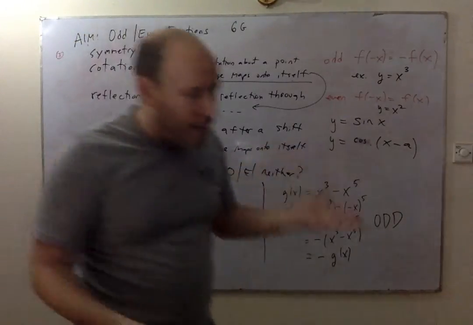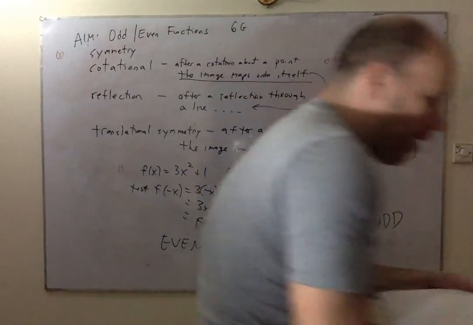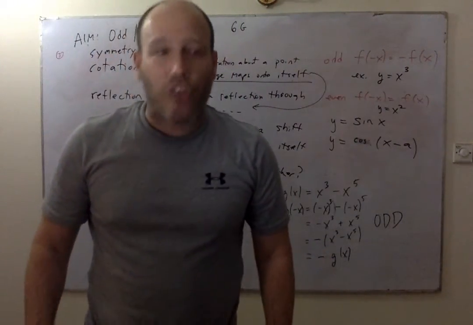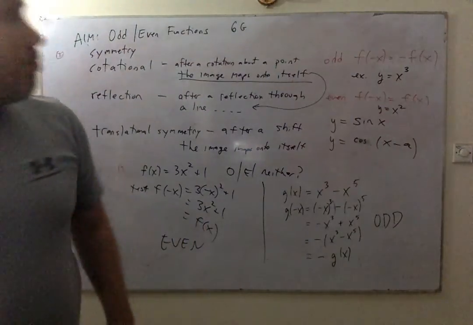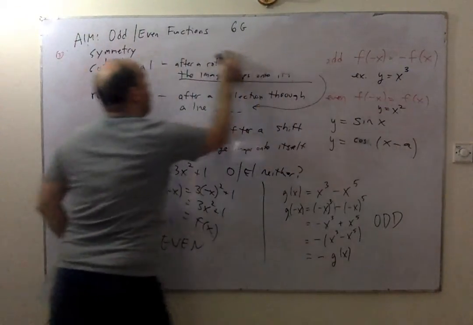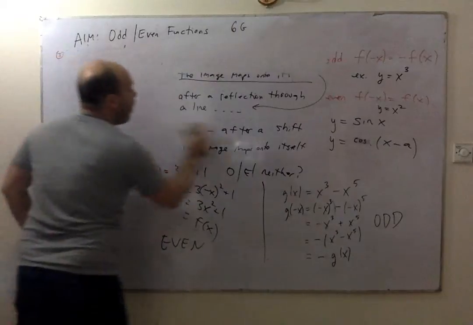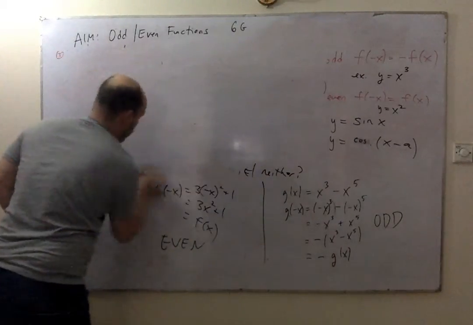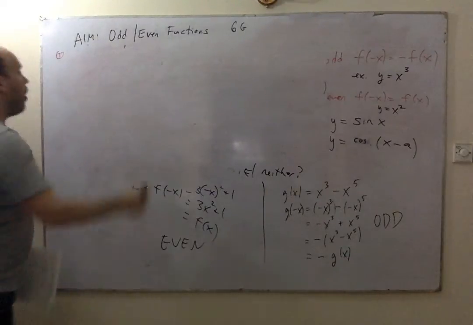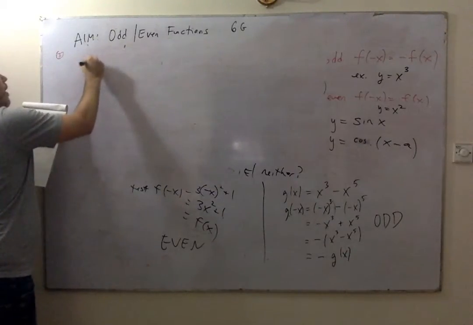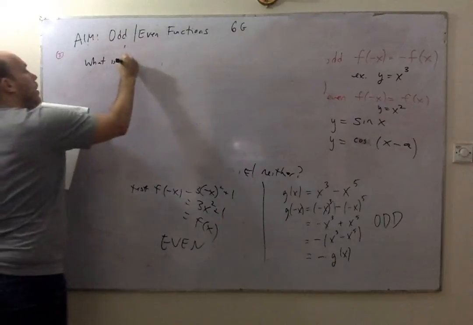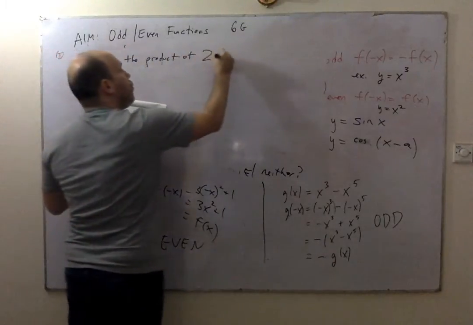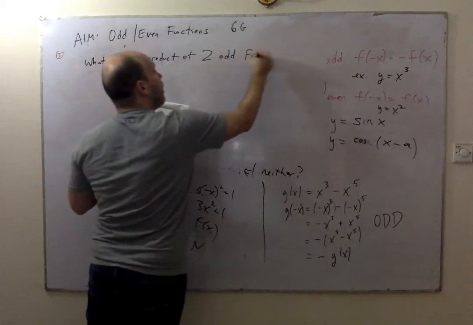And the last little thing they ask you to do is, they might say, tell me about the product of 2 odd functions. So, what is the product of 2 odd functions?